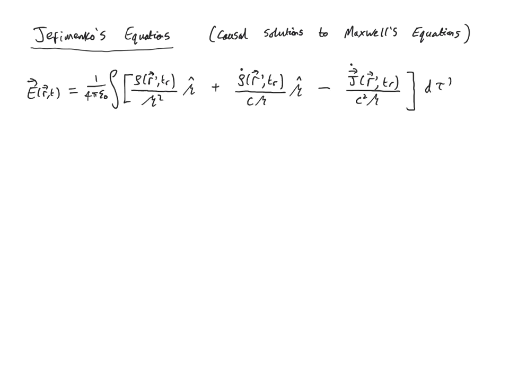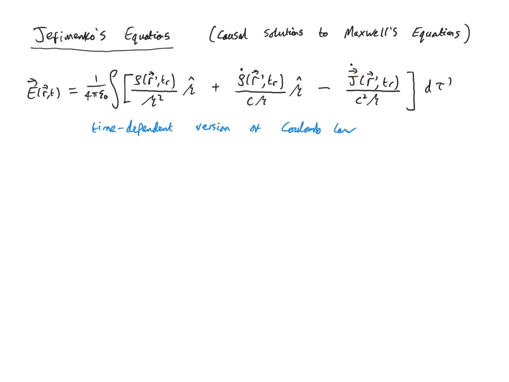For the electric field, we obtain this expression, which is basically the time-dependent version of the Coulomb law. We see the usual static contribution to the Coulomb law, but then two additional time-dependent pieces, one coming from the time dependence d/dt of ρ, which I've denoted here as ρ dot, and d/dt of j, which I've denoted as j vector dot.